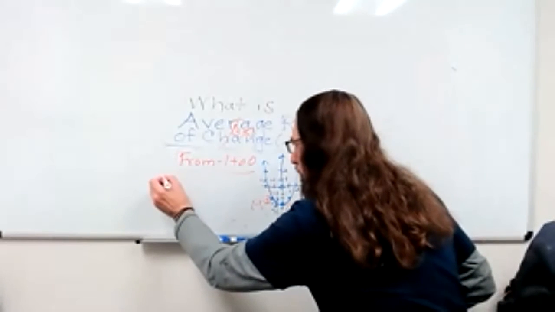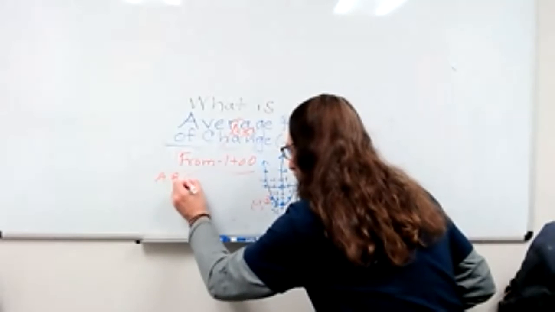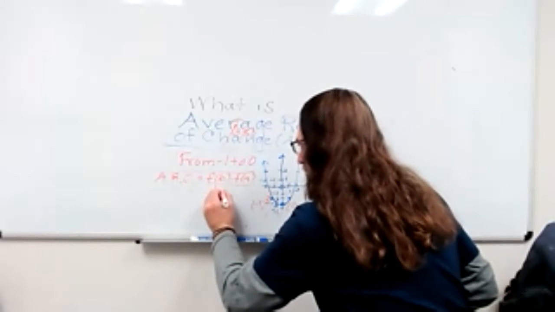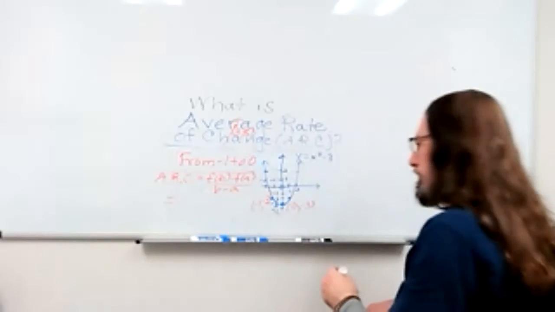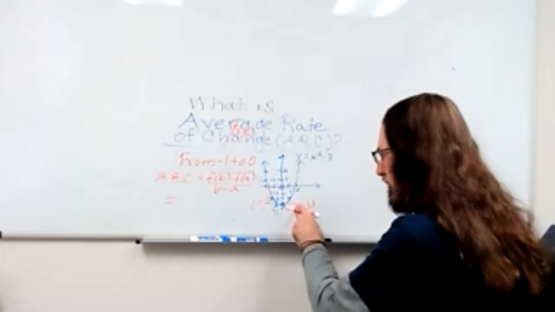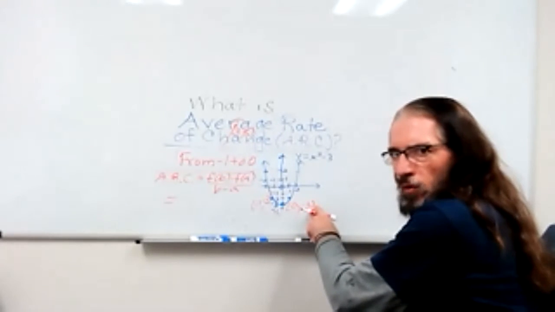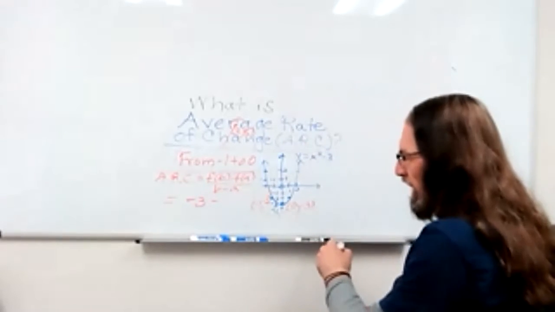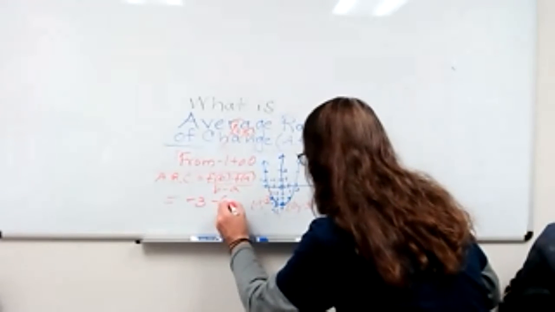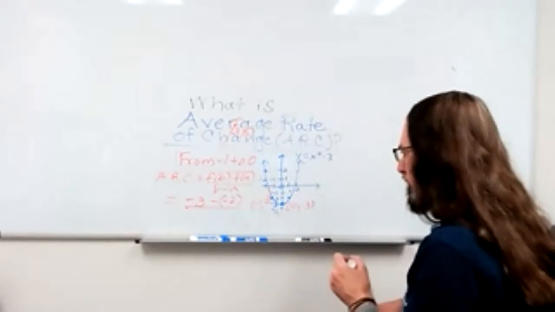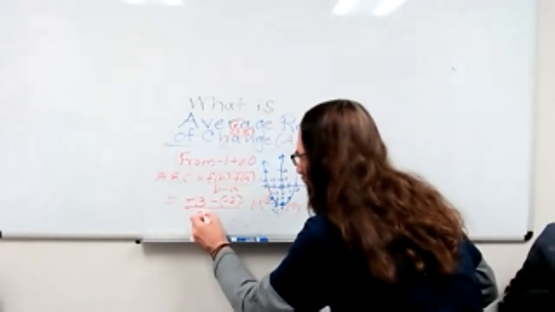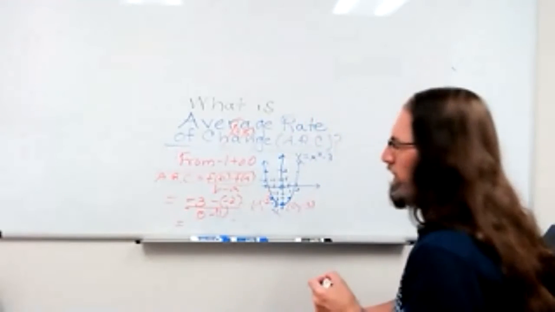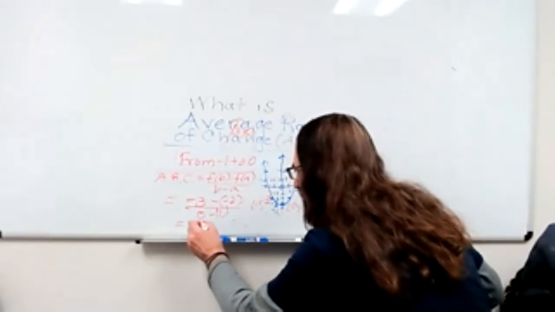All right, so the average rate of change. B is 0. The y-coordinate, or the function value at B, is -3. I'm going to subtract the -2 all over B minus A. So 0 minus -1, -1. -3 minus -2, that is -3 plus 2.